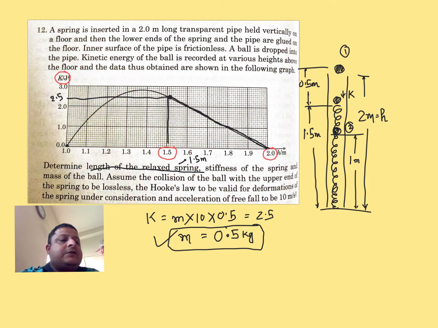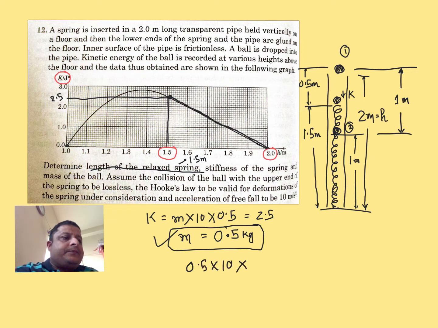So the loss in potential energy from 1 to 2, how much? What is the loss in height? Obviously it's 1 meter. So we can write m, which is 0.5, into g into h, 1, is equal to gain in potential energy of the spring.